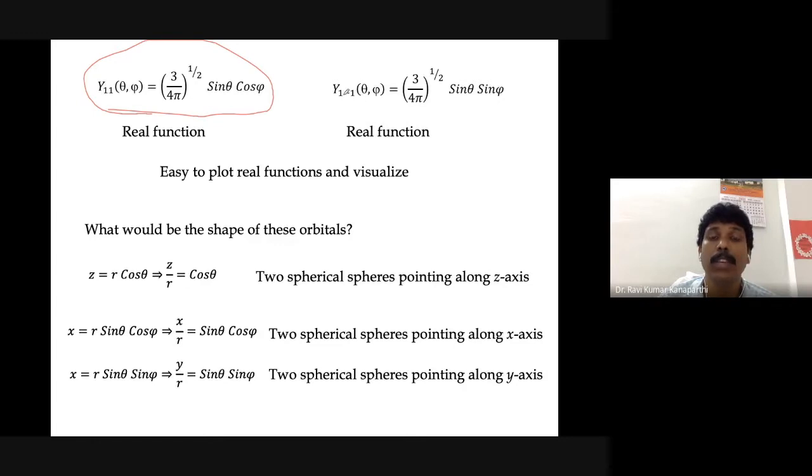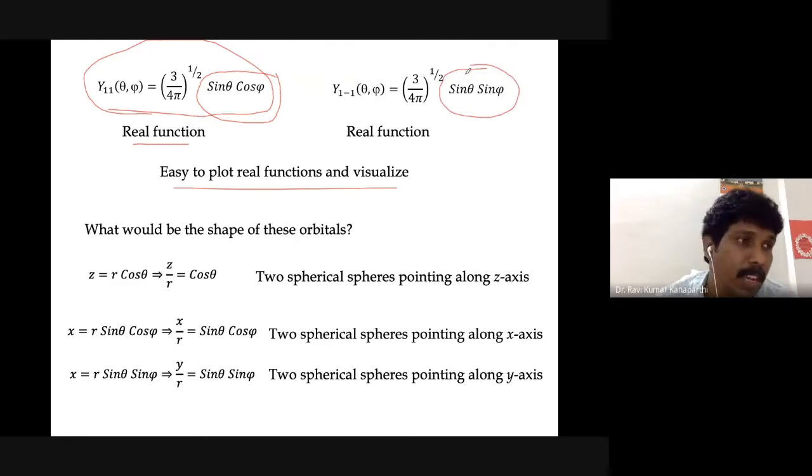Similarly, the other one, Y1 minus 1 of theta, phi, is equal to square root of 3 by 4 pi, sine theta sine phi. These are the real functions, easy to plot and easy to visualize. Of course, I'm not going to do that, but you can take it as an exercise. I will send the polar graph by email or WhatsApp, or you can Google it and you will find it.